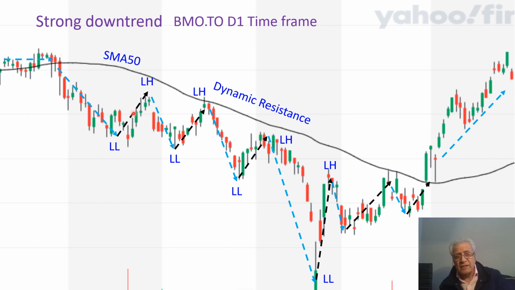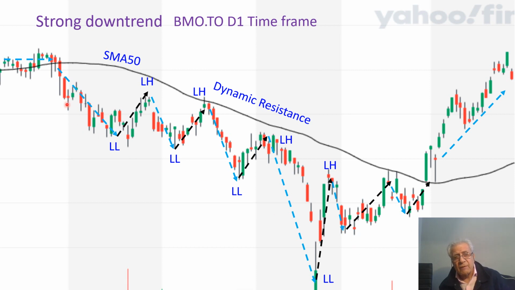But if these candles are very strong and big, that means there is a big counter pressure from buyers, and that makes this downtrend face difficulty. And here I say the pattern is broken.